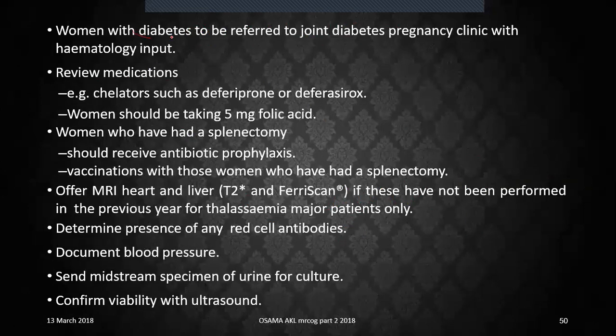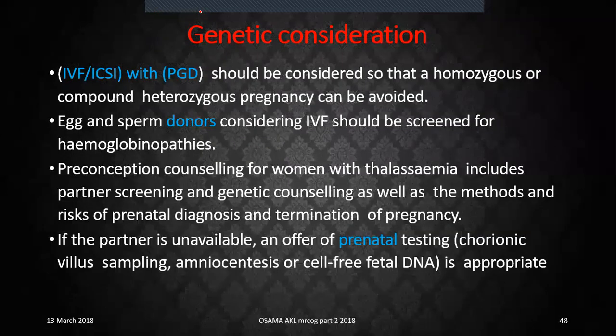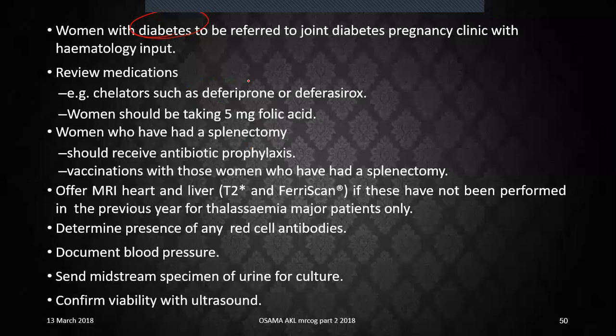If the patient is diabetic, there will be MDT between diabetologist, endocrinologist, hematologist, and obstetrician. And if this woman is searching for pregnancy, as we said, we will give her iron chelators.